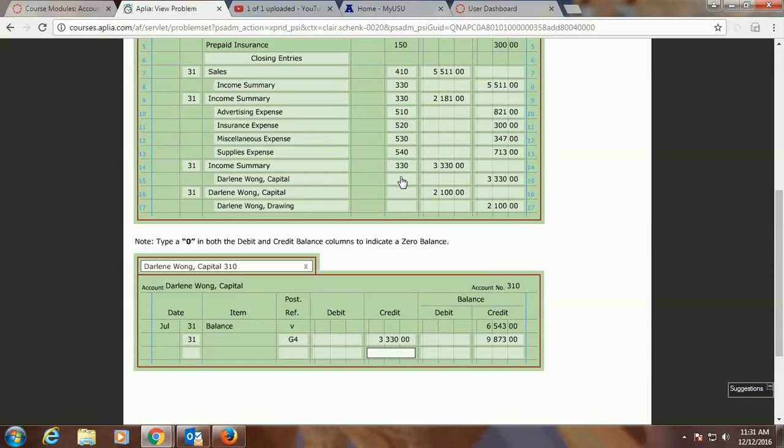And then I can put the account number 310 in the post reference column of the general journal. And the next line, the 16th, is also in the same general ledger.